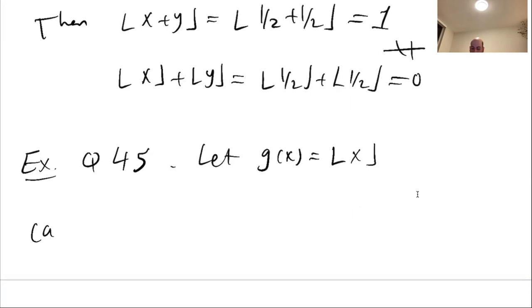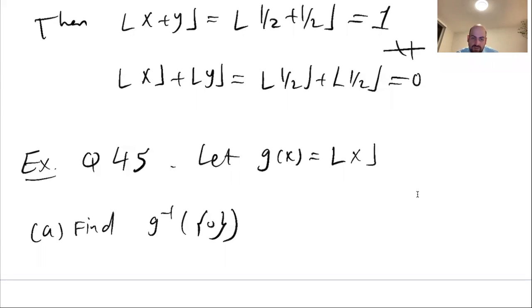Part A, find g inverse of 0. So what is g inverse of 0? G inverse of the set {0}.